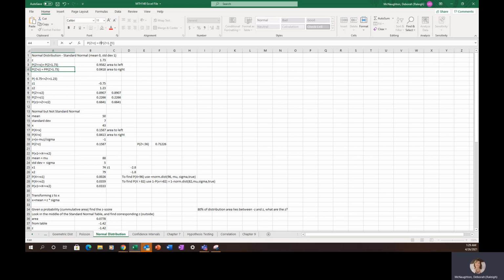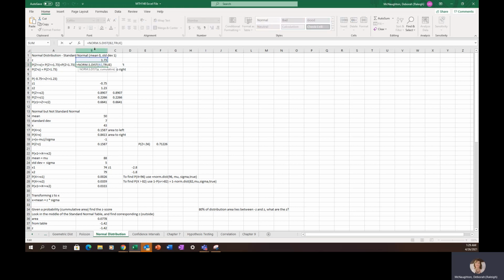So let me just add that in here. The probability that z is less than or equal to 1.73 is the same as the probability that z is strictly less than 1.73.